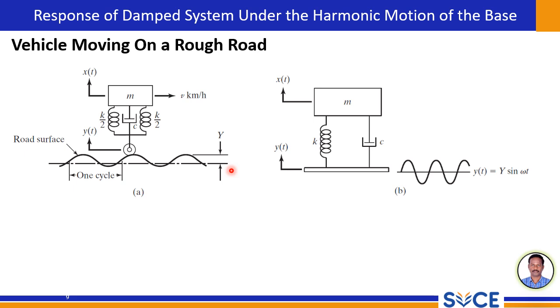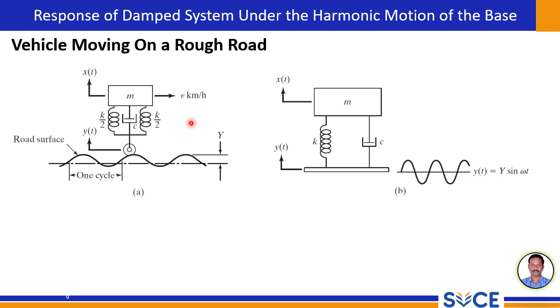Here we can see the vehicle of mass m moving horizontally with a velocity v in kilometers per hour. The road surface is depicted as a wavy line representing the roughness or irregularities of the road. This roughness is what causes the vehicle to vibrate vertically.